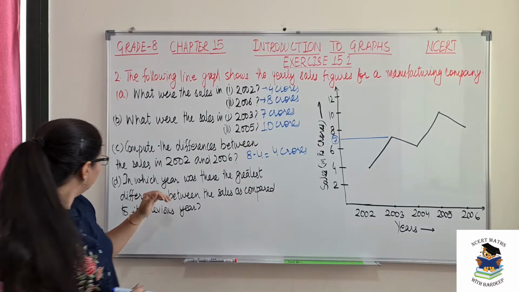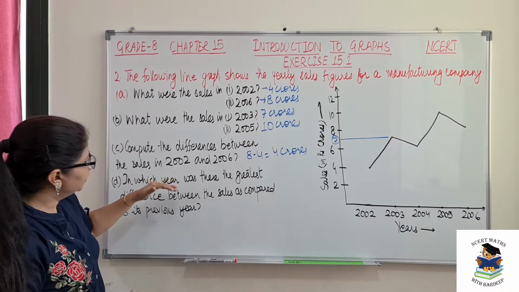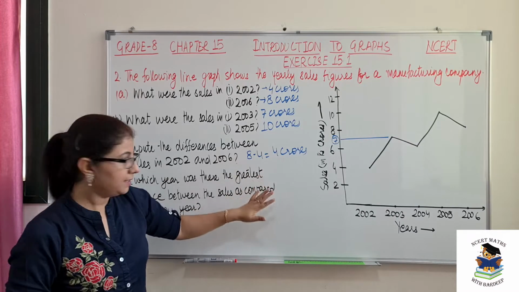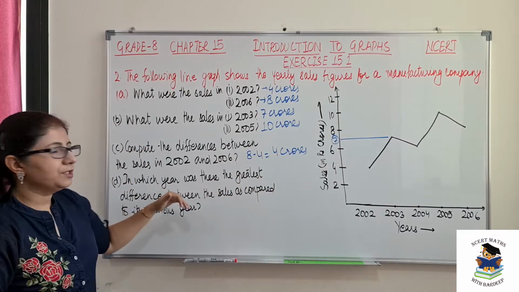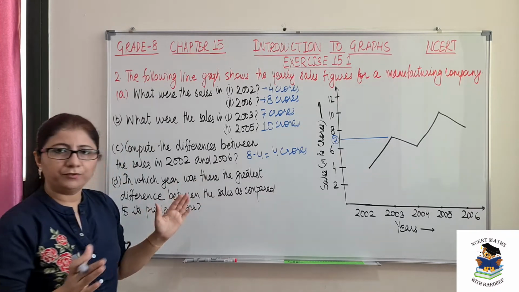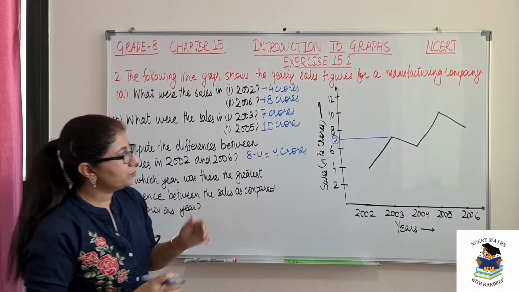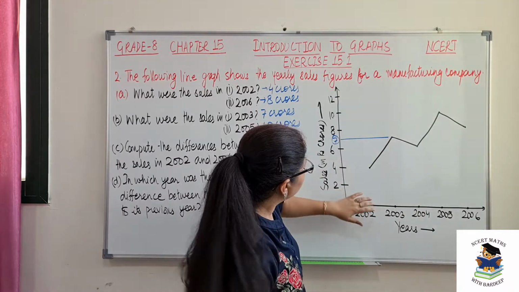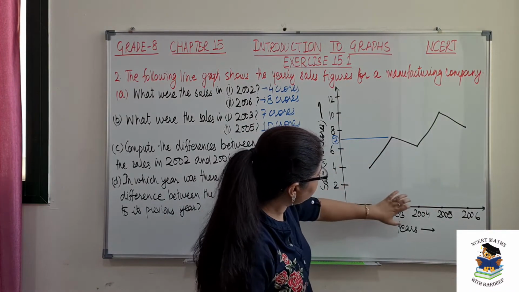Okay, so let's see our D part. In which year was there the greatest difference between the sales as compared to its previous years? That means we need to find the maximum difference. So for this, first we should find the difference in each year. Okay, so this is for 2002 and 3.